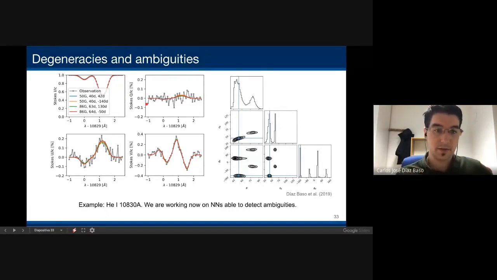This can be found very easily with those neural networks that are able to map the whole space of parameters, finding where we have these ambiguities and degeneracies. So this is a work that I have been working on during the last months.